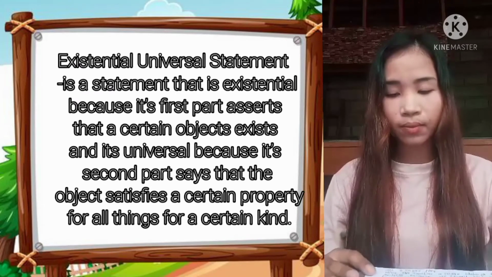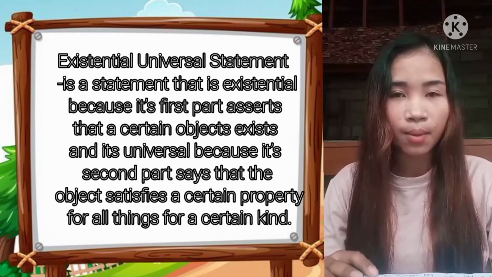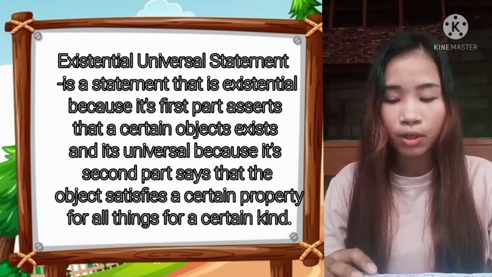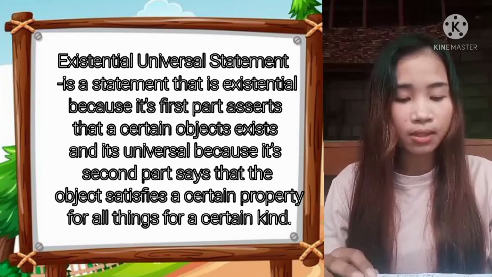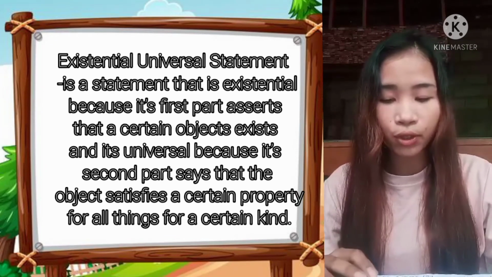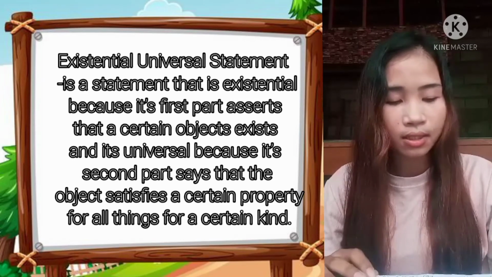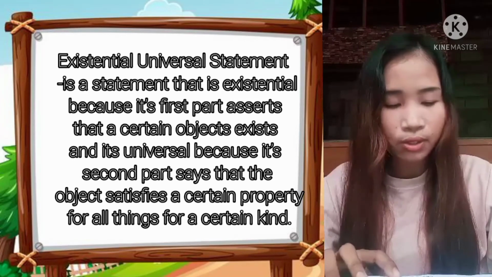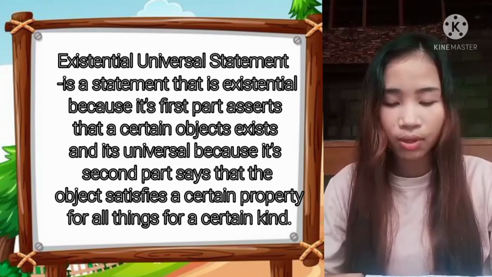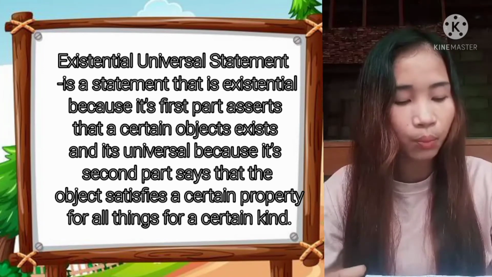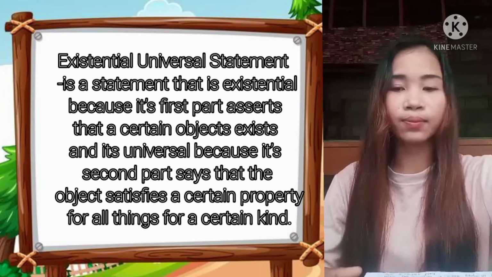Okay? So, what is an existential universal statement? It is like the vice versa. An existential universal statement is a statement that is existential because its first part asserts that a certain object exists, and it's universal because its second part says that the object satisfies a certain property for all things of a certain kind.